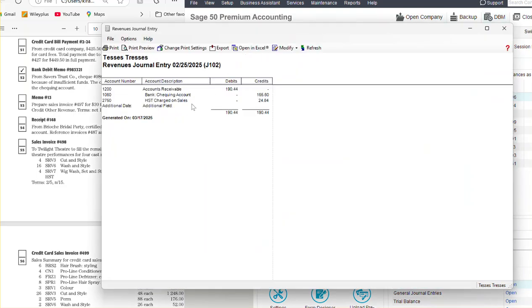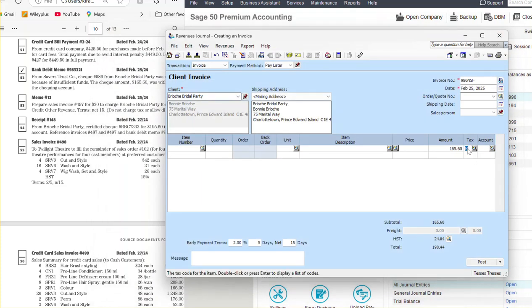But now if I do it, there's no HST on the second time. We already charged them HST. This needs to be taken out, because they don't get a discount. It was just an NSF. They give us the check, they didn't have the money in their bank account.